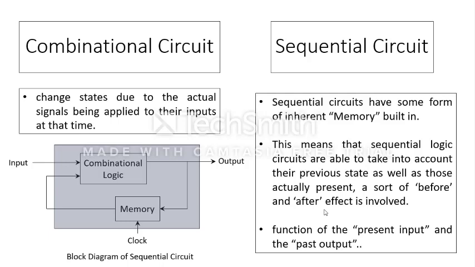This past value is stored in the memory. The clock controls the values of i, so it changes from 0, 1, 2, 3 like this. Along with your a and b inputs, your c_(i-1) input is also provided to this combinational logic to produce the present output c_i. So this was the basic concept of a sequential circuit, right?